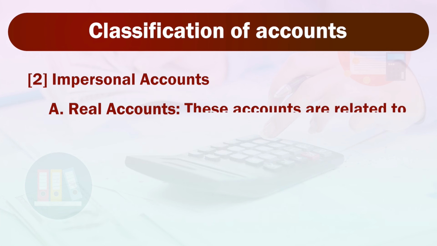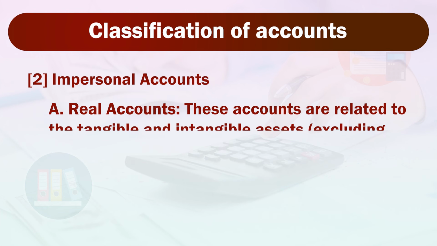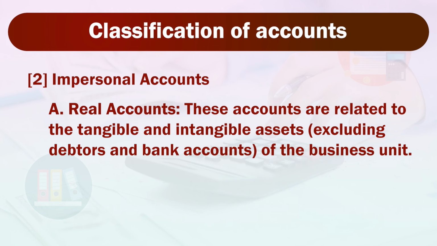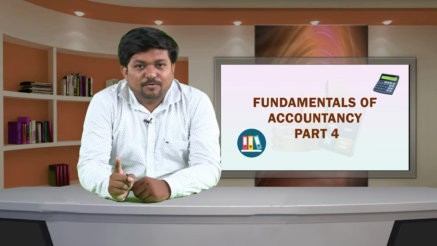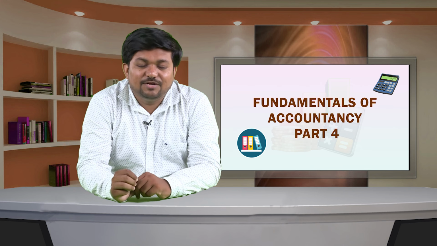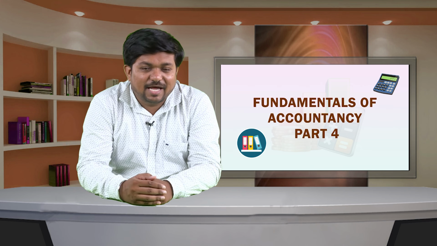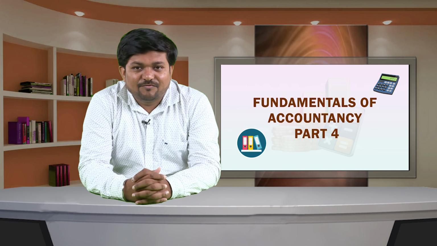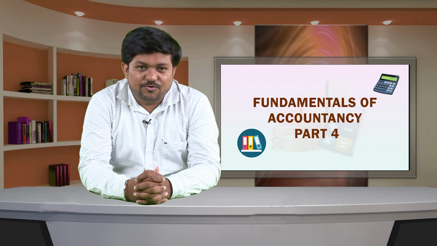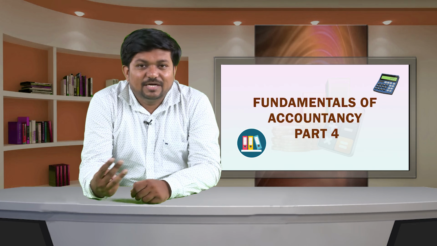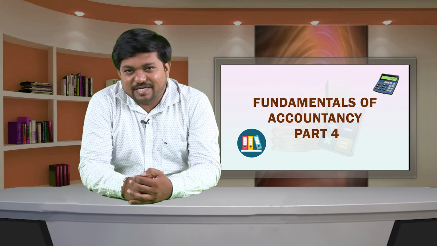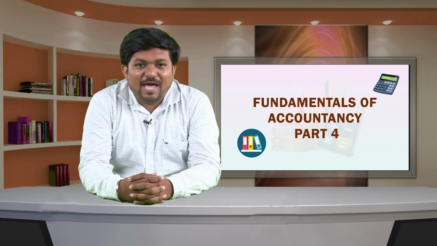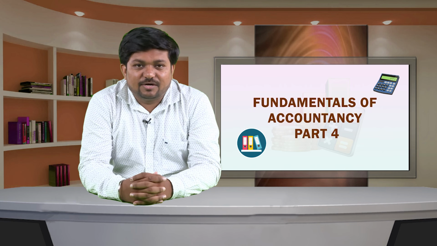These accounts are related to the tangible and intangible assets, excluding debtors and bank accounts of the business unit. Machinery, furniture, investment, stock, cash in hand, land and building are illustrations of the tangible assets, whereas intangible assets include goodwill, patent, trademark, copyright, etc. The main purpose of these accounts is to know their balance at the end of the respective year.